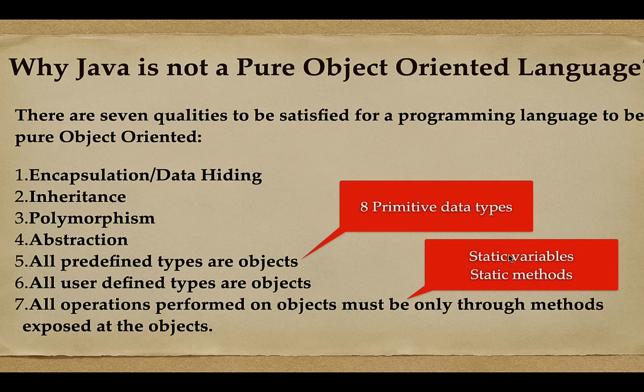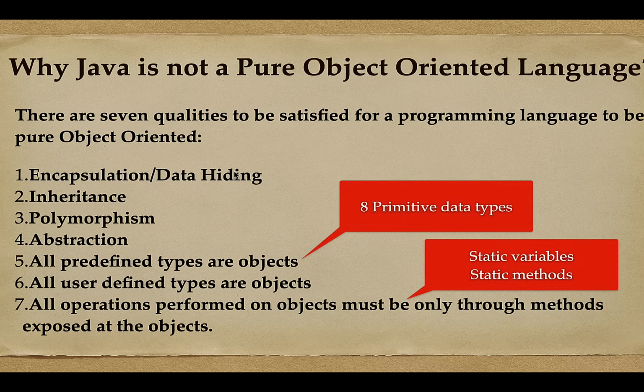In Java, we can call static variables and static methods without using an object, right? So that's the second reason why Java is not a pure object-oriented programming language, because a pure object-oriented programming language should access all the methods or variables only through objects. But in Java it is possible to access static variables and static methods without using objects.